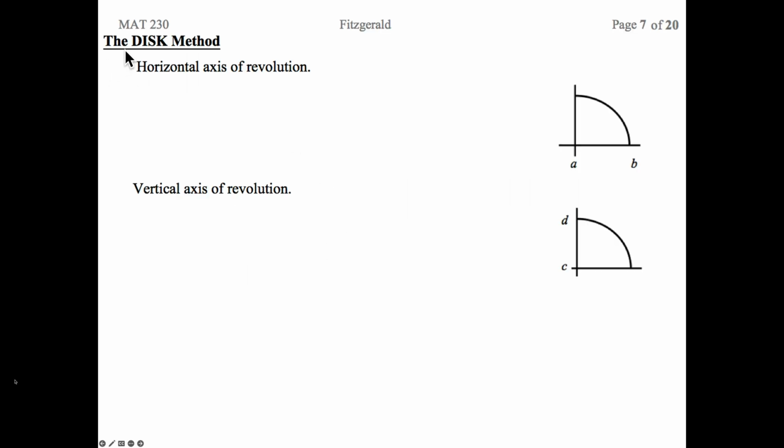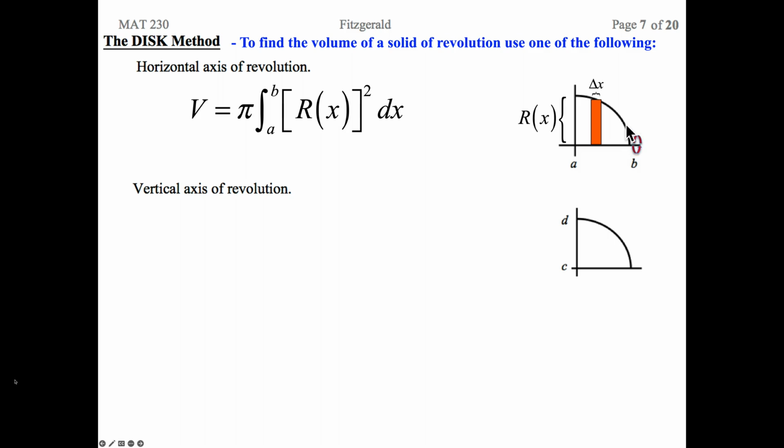Now, using your disk method, you can have a horizontal axis of revolution, which is the one we just defined, but you can also have a vertical axis of revolution. What's important to remember is that this rectangle is always perpendicular to the axis of rotation.